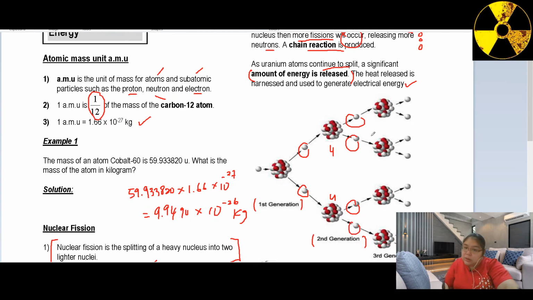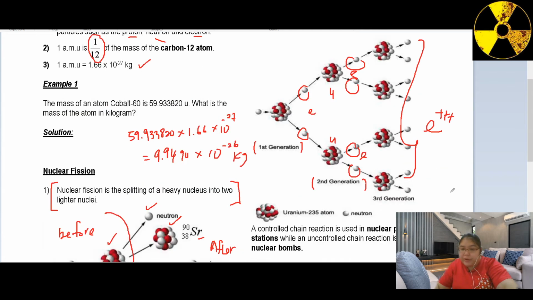Then these 2 neutrons will go and find uranium again. So you find it continuous. Every process, every generation also produces energy. So this part also energy, this one also energy. Finally, what do you think about the whole process energy? That means the energy must be much and much. So this one we call chain reaction.